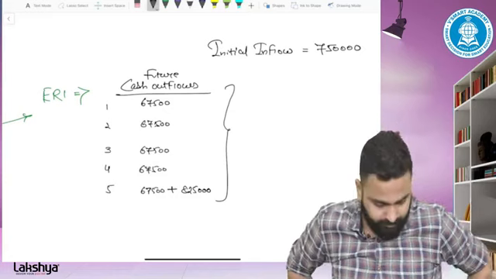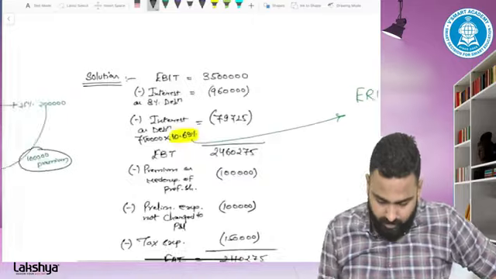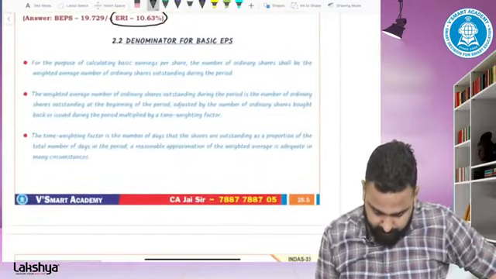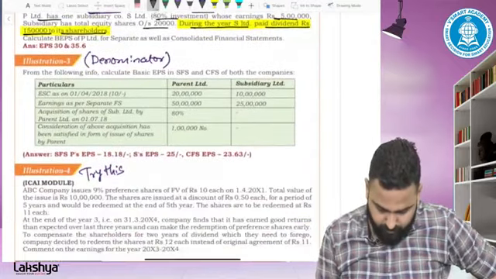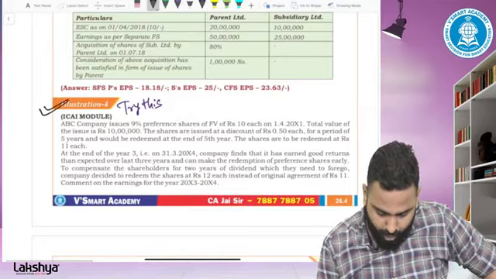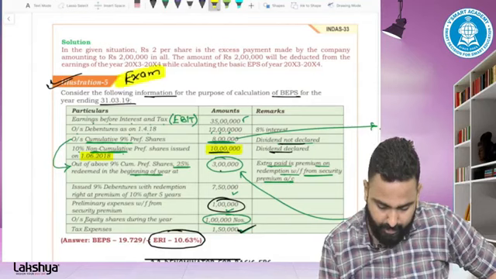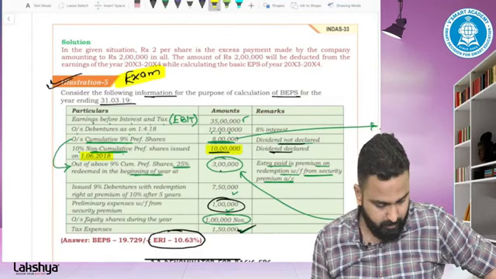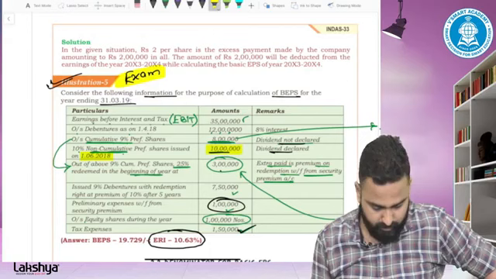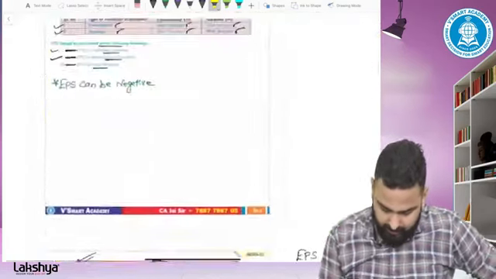This was illustration number 5. Illustration number 4 over, illustration number 5 done. For the exam purpose, you can tick, you can mark it for exam purpose. Got that? Okay.